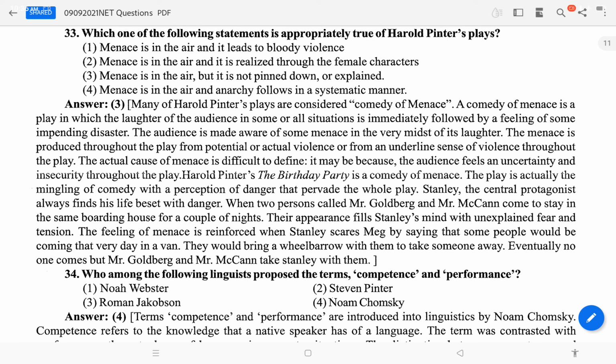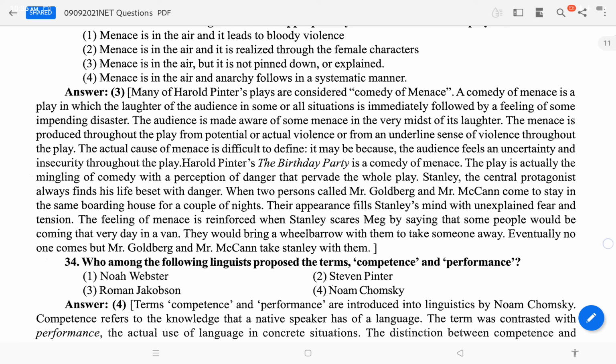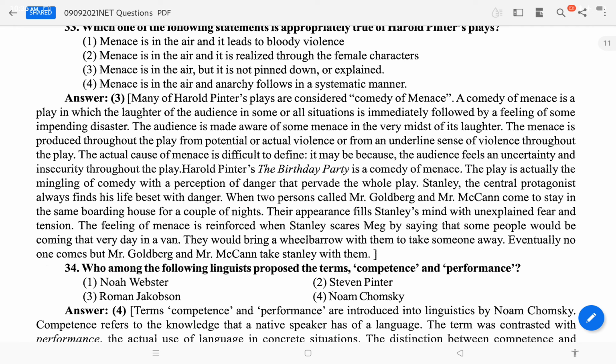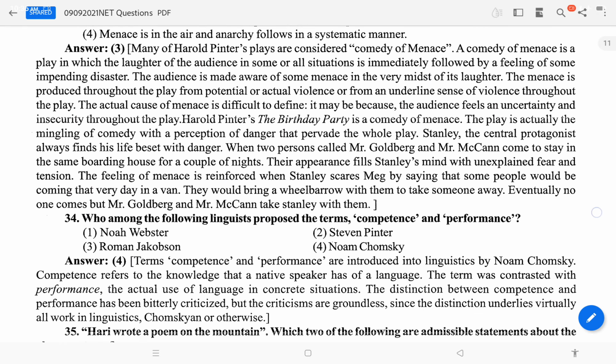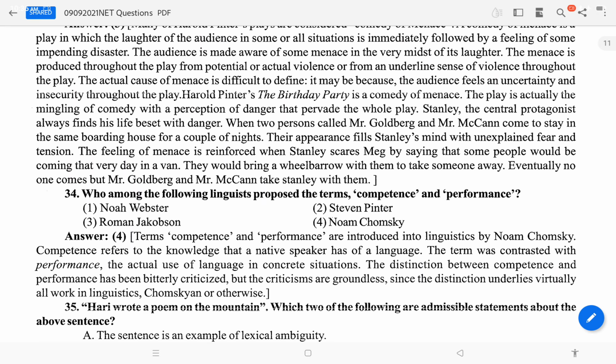Harold Pinter's The Birthday Party is a comedy of menace. The play is actually the mingling of comedy with a perception of danger that pervades the whole play. Stanley, the central protagonist, always finds life beset with danger. When two persons called Mr. Goldberg and Mr. McCann come to stay in the same boarding house for a couple of nights, their appearance fills Stanley's mind with unexplained fear and tension.